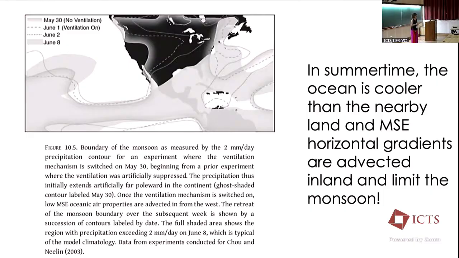We always think of the moisture coming from the ocean into land, and that helps. But in fact, in terms of MSE, you have cold SST, lower MSE, and you can actually reduce your MSE, and by reducing your MSE, reduce your rainfall.